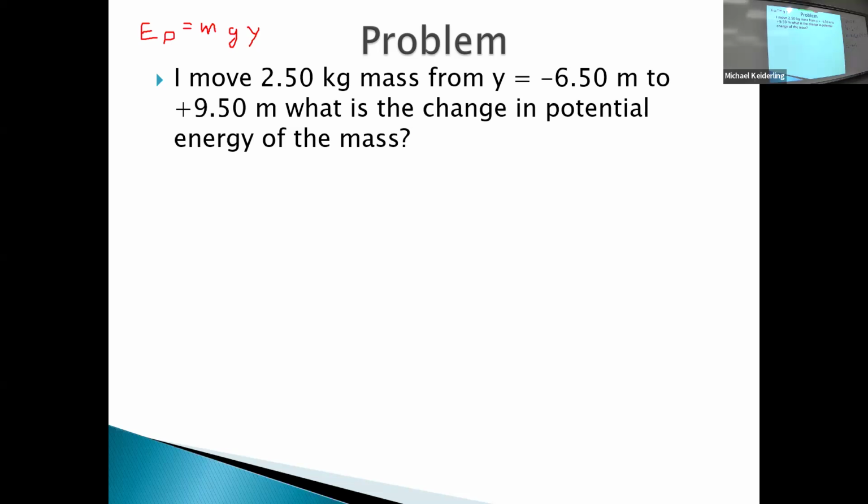There's sort of two approaches you can take. You can find the potential energy for each position and take the difference, or you can use the fact that change in potential energy equals mg change in height.